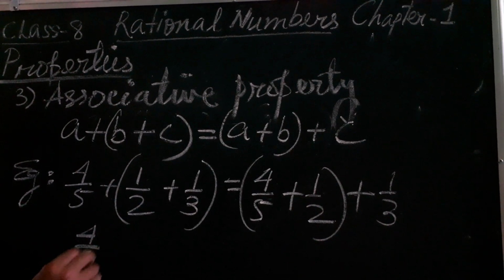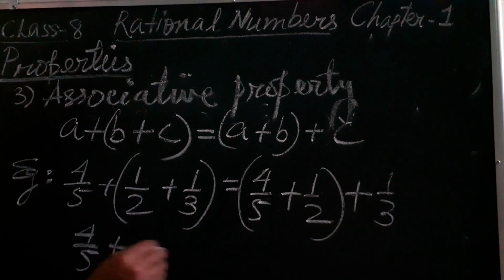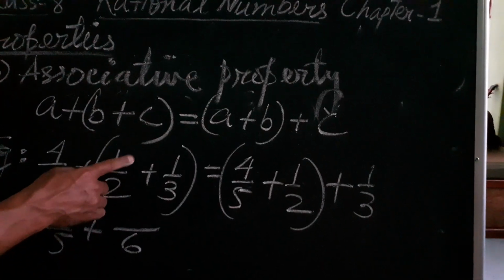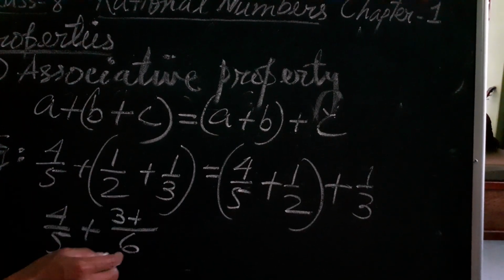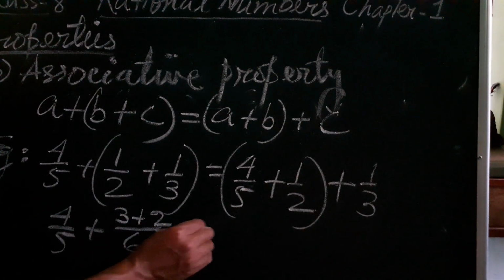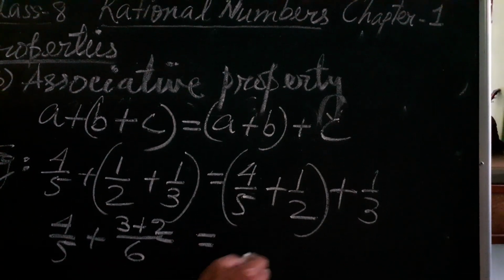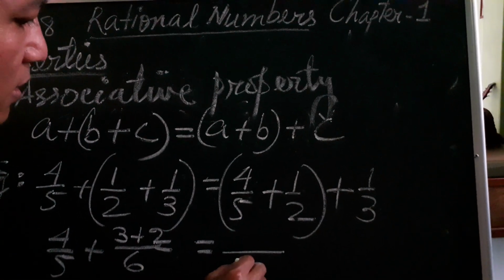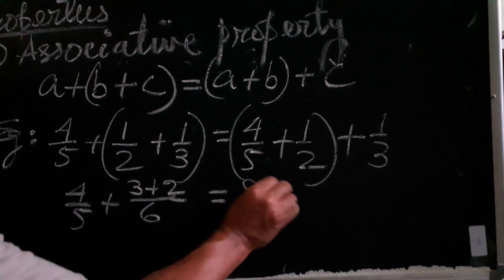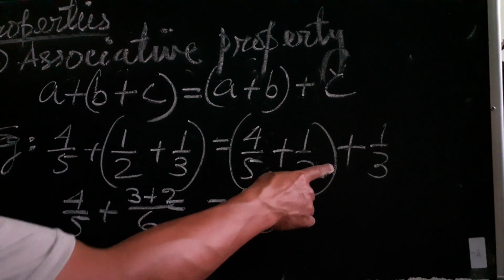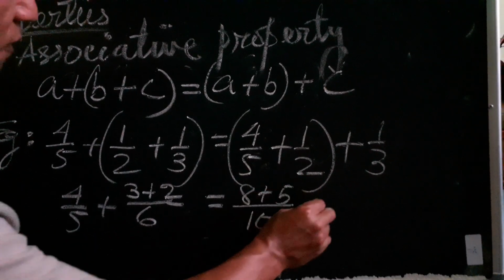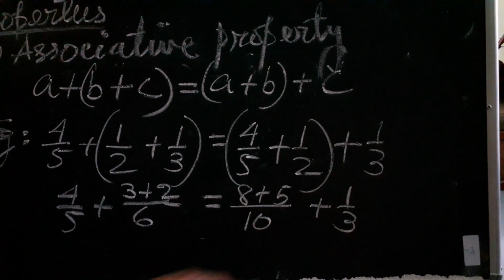4 by 5, simplify 1 by 2 and 1 by 3, LCM is 6. 2 into 3 is 6, 1 into 3 is 3, 3 into 2 is 6, 1 into 2 is 2. LCM of 2 and 5 and 2 is 10. 5 into 2 is 10, 4 into 2 is 8, plus 2 into 5 is 10, 1 into 5 is 5, plus 1 by 3.